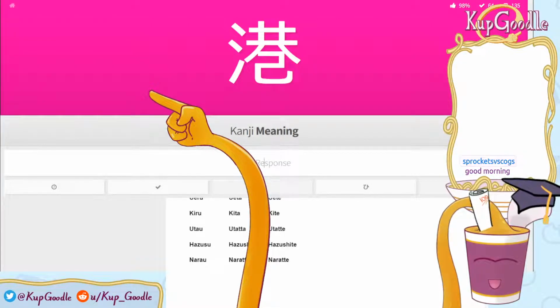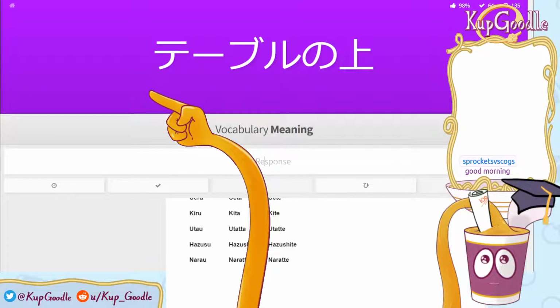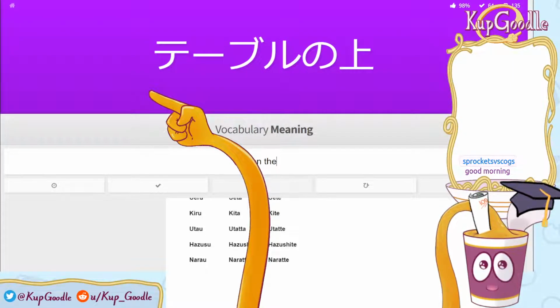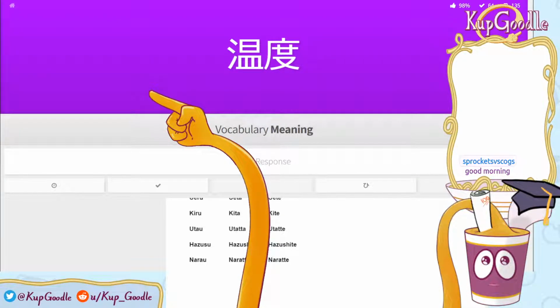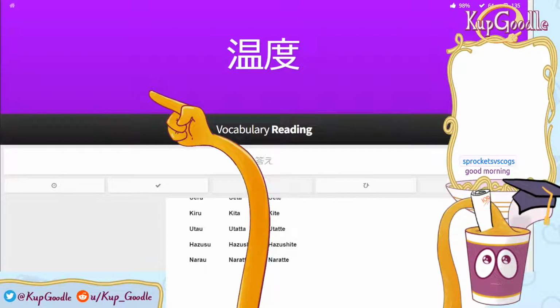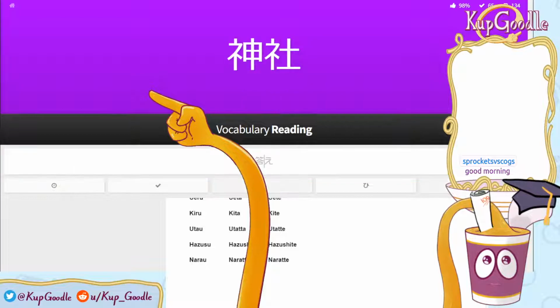Meaning, this is the harbor. The port and the harbor, right? Yeah. With Koichi, you're together with Koichi on the harbor. Hirunoi. On the table. Ondo is temperature. Temperature, warm degrees. Temperature, that's pretty literal. Ondo. Ginger.